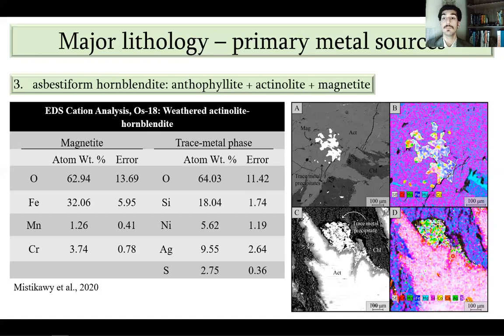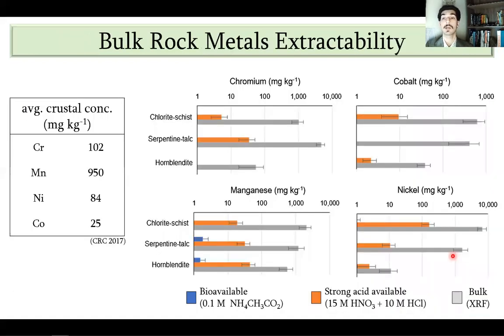So now we've looked at the minerals, let's look at the bulk rock concentrations. So the bulk rock metal concentrations for our various metals of interest are in the gray bar, and these were determined by handheld XRF. And these concentrations are in milligram per kilogram or parts per million. So you can see relative to the average crustal concentration of these metals, our rocks in the Osborne quarry are highly enriched.